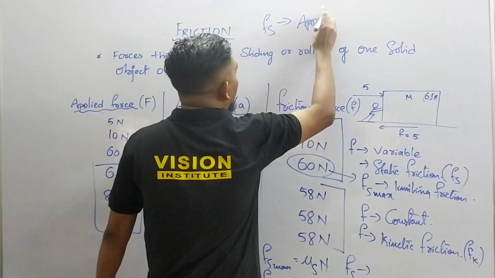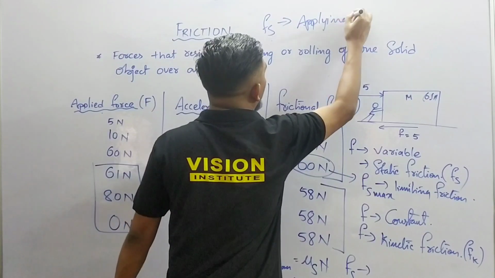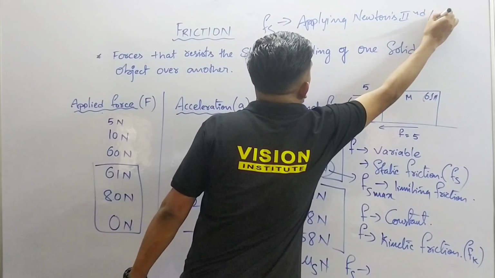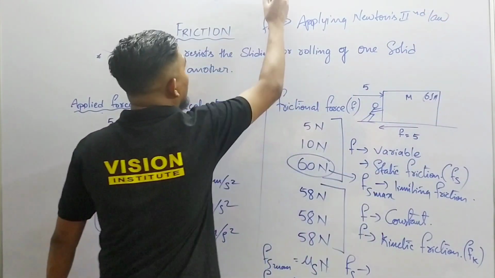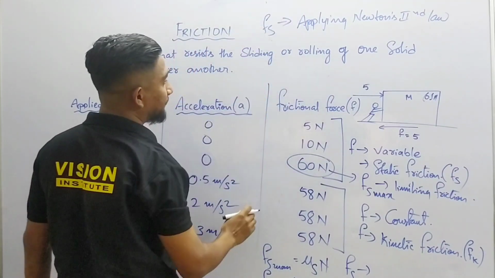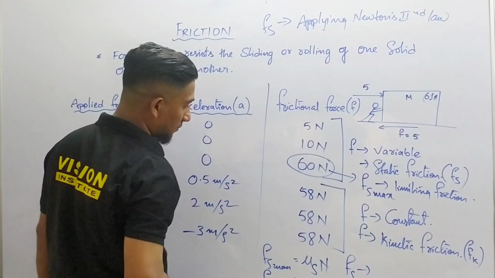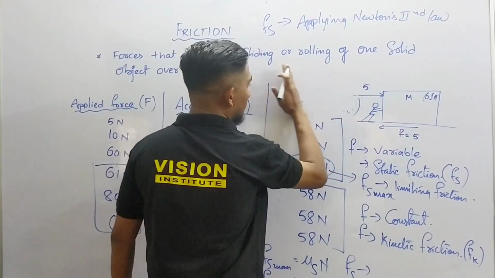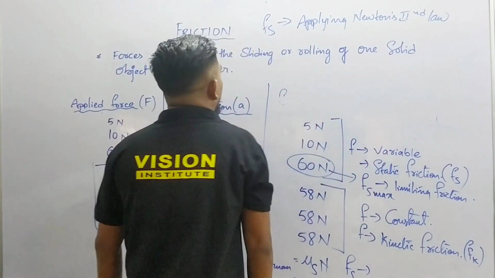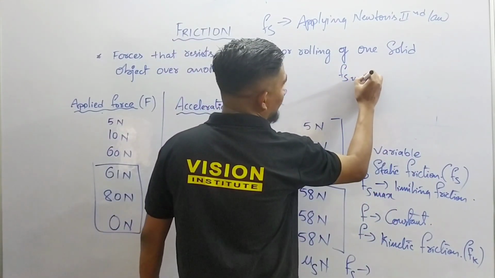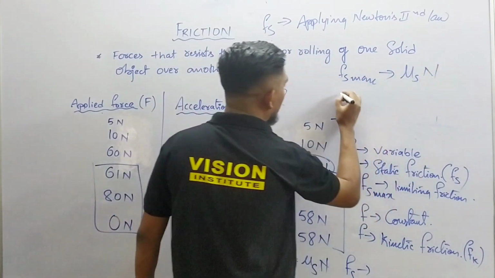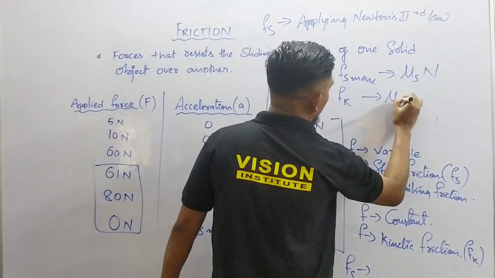We find it by applying Newton's second law. Fs max, the formula is mu S n. Fk, the formula is mu K n.